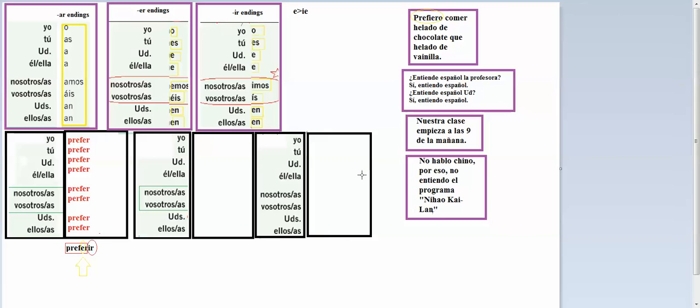That's the E that's going to change. And you'll notice how nosotros and vosotros have this little green box around them. That's because nosotros and vosotros are the only ones who don't get this spelling change.